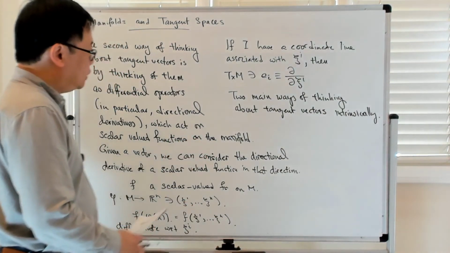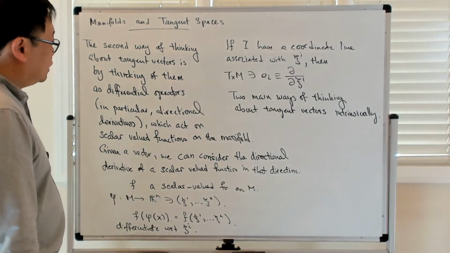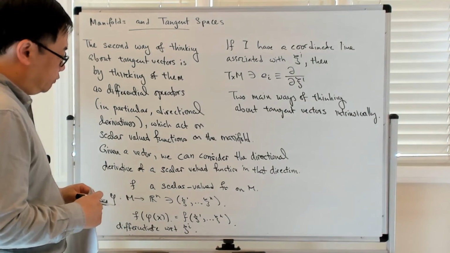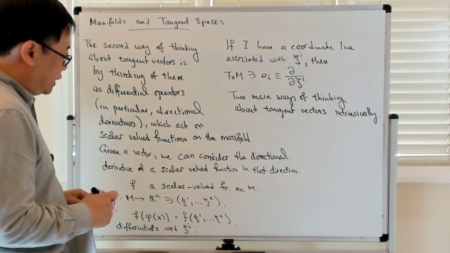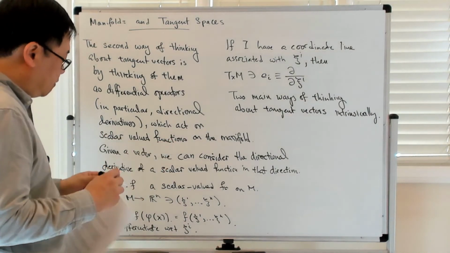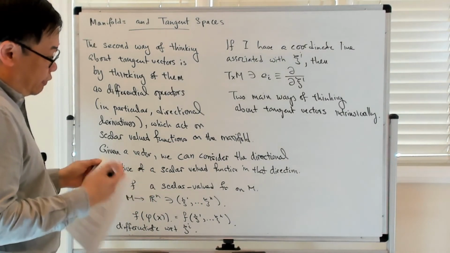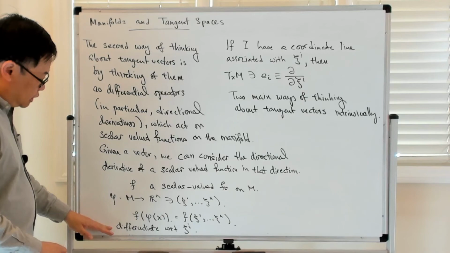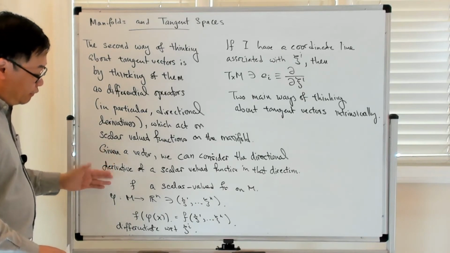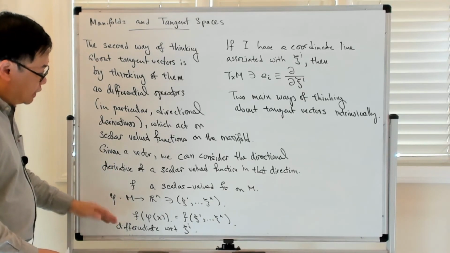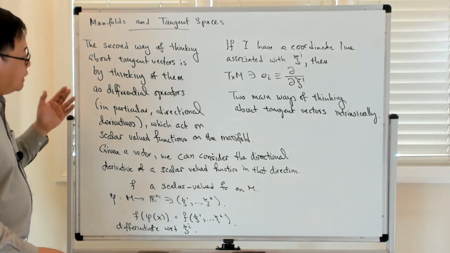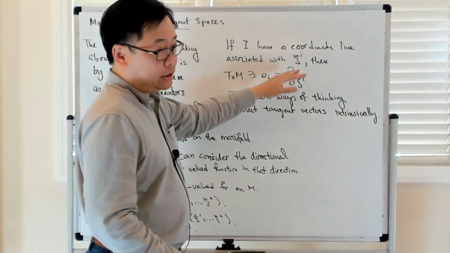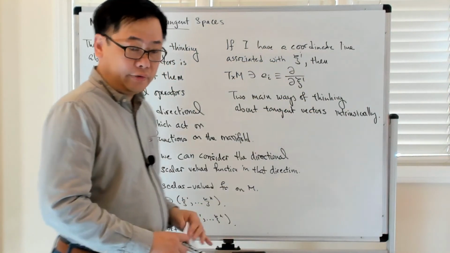This is going to be relevant in measuring the extent to which various things commute. So things like the Jacobi-Lie bracket of vector fields are going to be defined with this idea of thinking of tangent vectors, and more generally vector fields, as differential operators associated with directional derivatives.